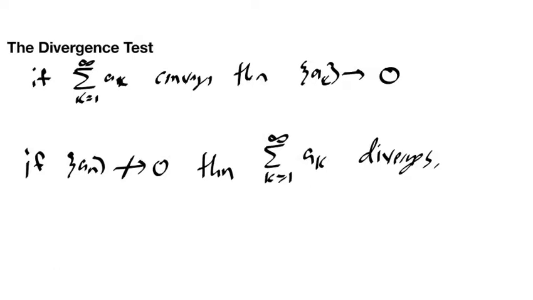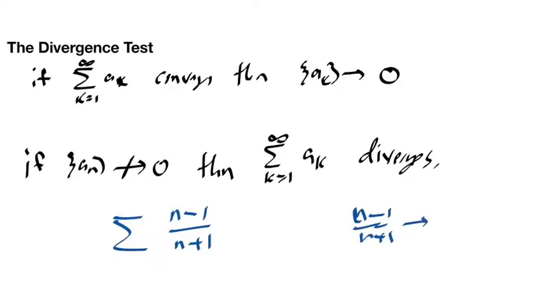This is a great test because if you're given some series and you're not sure about it, like the sum of n minus 1 over n plus 1, you're like, that's an interesting series. What's going to happen here? Well, this problem is really simple, because we know n minus 1 over n plus 1 converges to 1, so that means this thing has to diverge because this number doesn't go to 0.